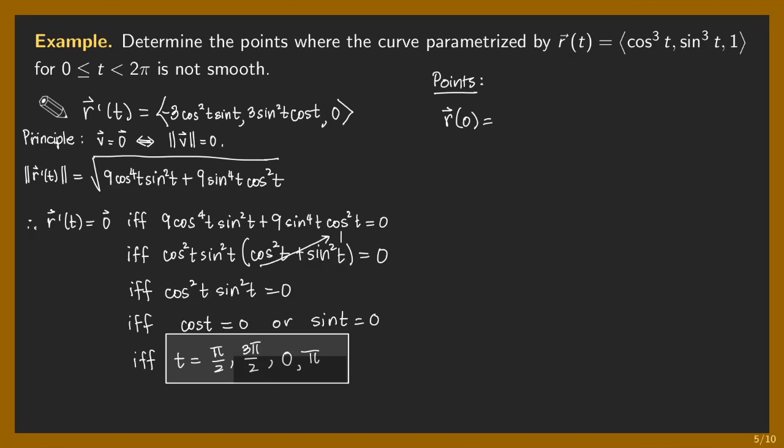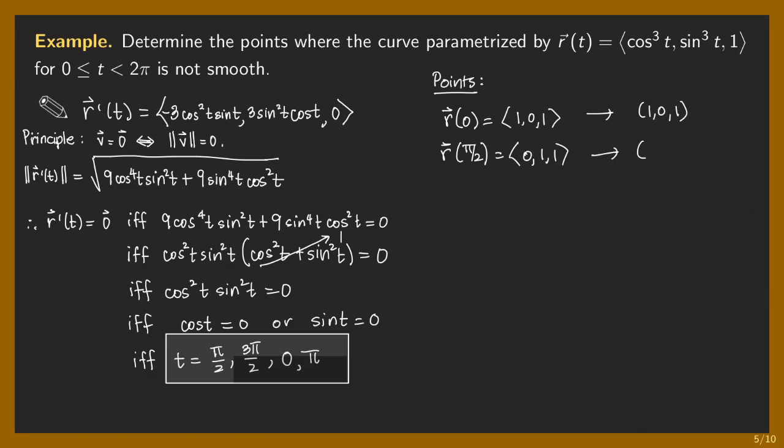r of 0, as you can see, is what? 1, 0, 1. So that corresponds to the point 1, 0, 1. If I evaluate r of pi over 2, we get 0, 1, 1.